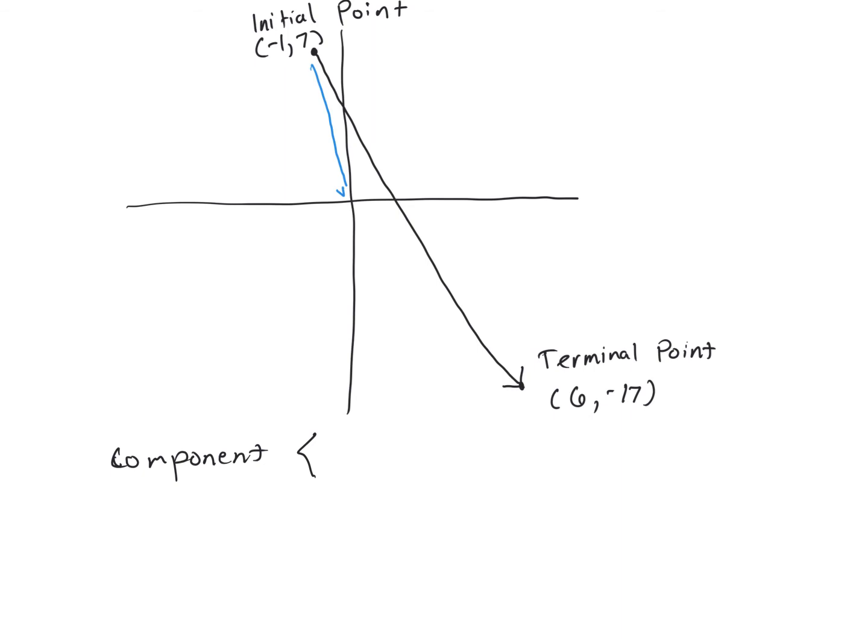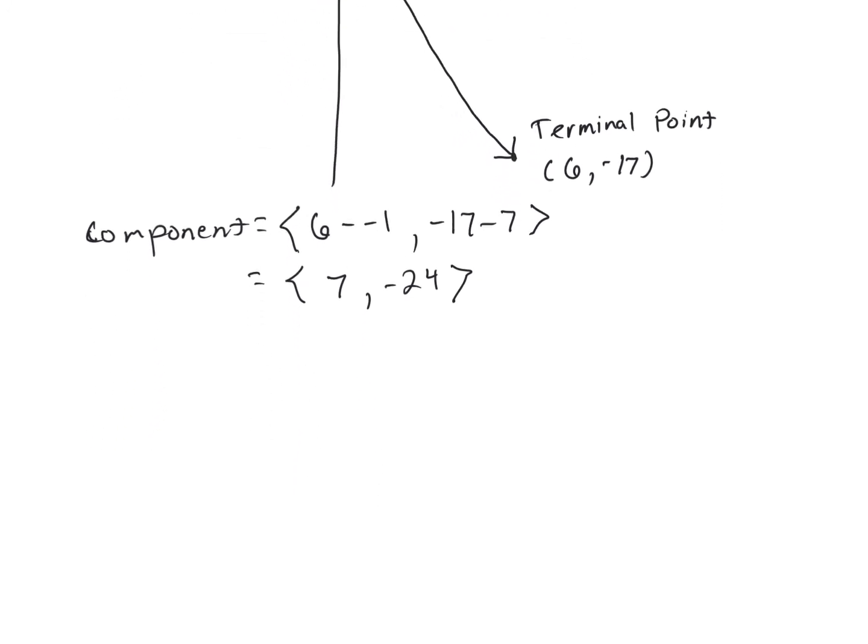So here, I would take 6 minus -1 and -17 minus 7, which gives me 7 comma -24. So that would be the actual component form of the true vector if it was starting from the origin. So that's how you'd find the component.